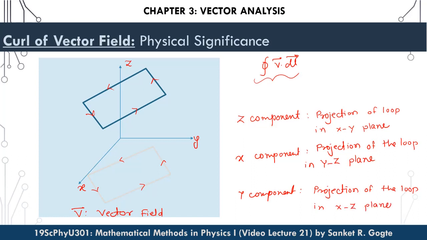So in this way, we can consider projection of the loop over each of these planes and obtain corresponding directions for the line integration. Let's calculate one of these components.